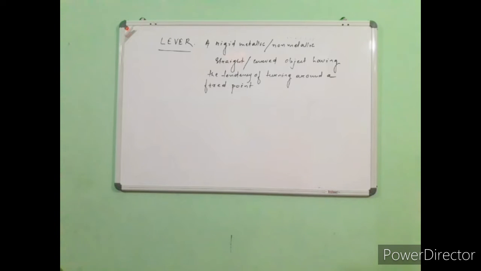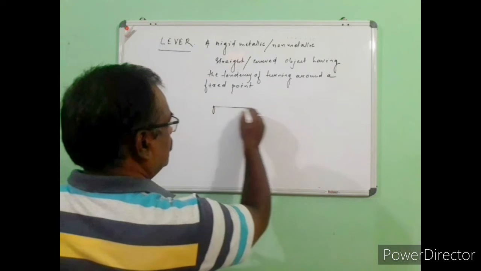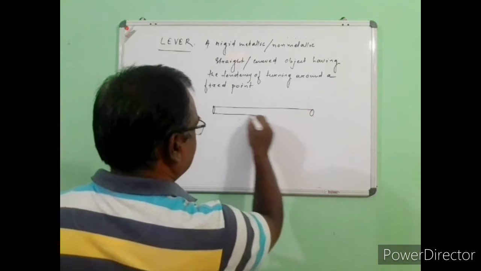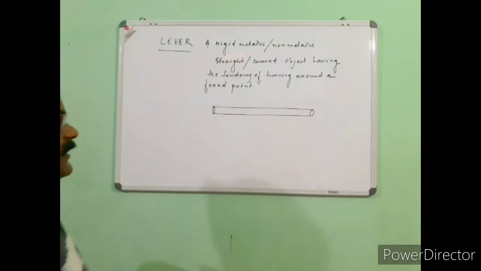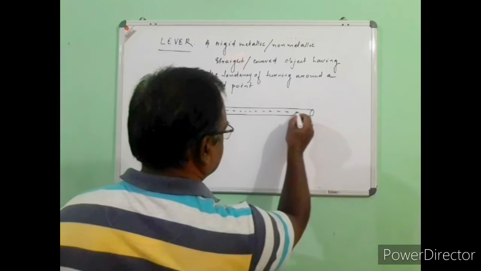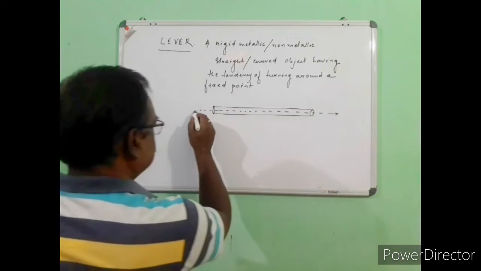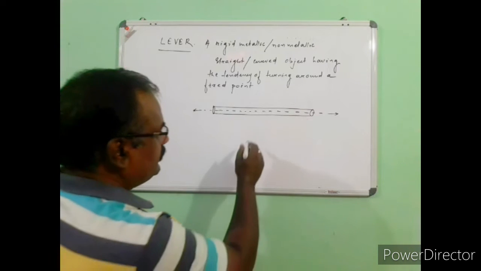Now consider one simple lever. This is the axis of the lever, which has to pass through a fixed point.